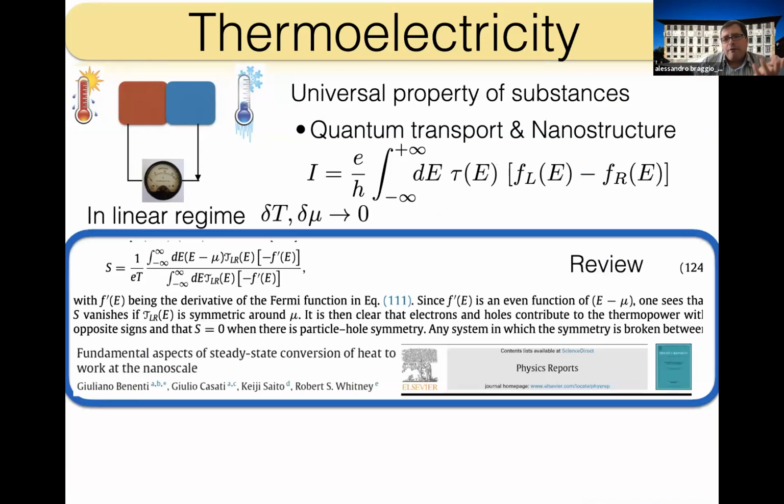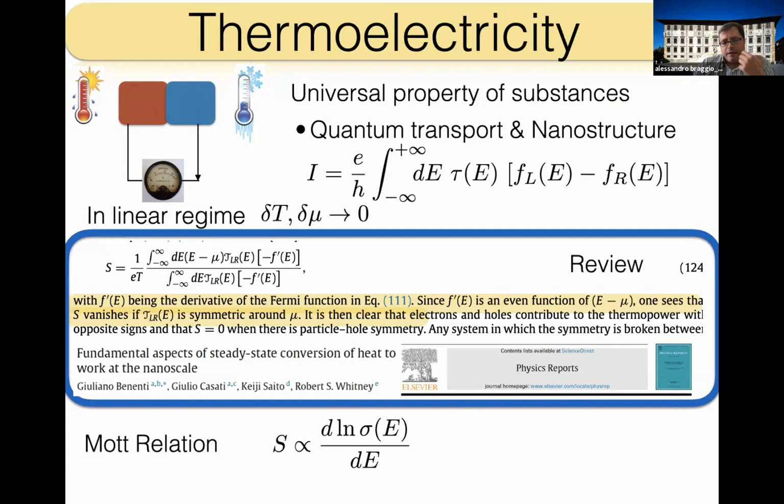Many of you have claimed that in order to get thermoelectricity with a gradient of temperature, you need to add an asymmetry in the transmission, and the energy dependence of the transmission should be odd with energy. So this tells you that thermoelectricity and superconductivity are maybe not so nice things to mix, because superconductors are naturally particle-hole symmetric.